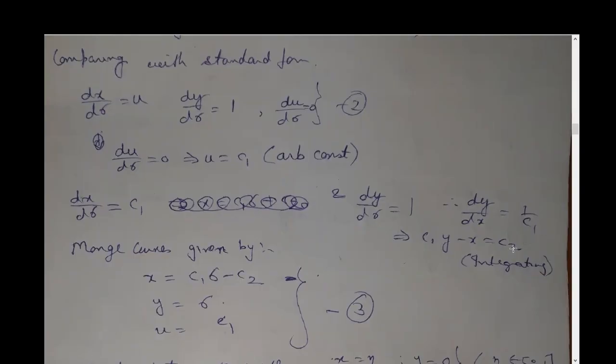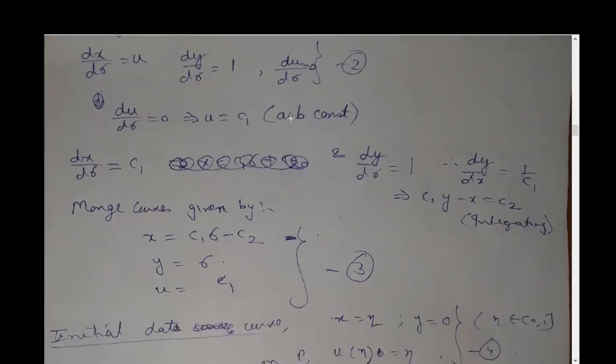C1, C2 are both arbitrary constants. So these are the two parameter families of Monge curves, and this is the Monge direction. I am putting it in parametric form, with σ inserted: x = C1σ − C2, y = σ, and u = C1. I am combining all these three together to give this parametric form of the Monge curve.